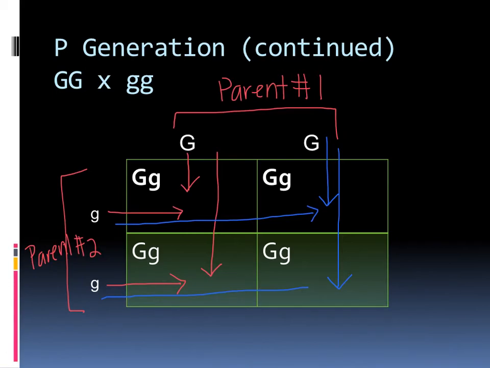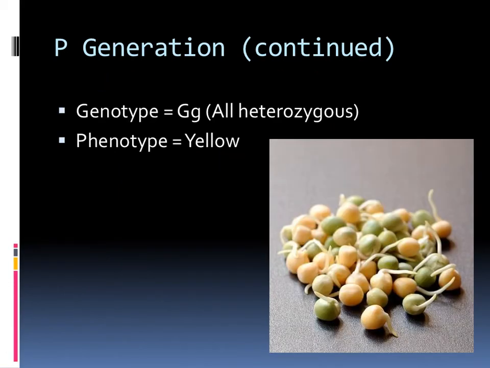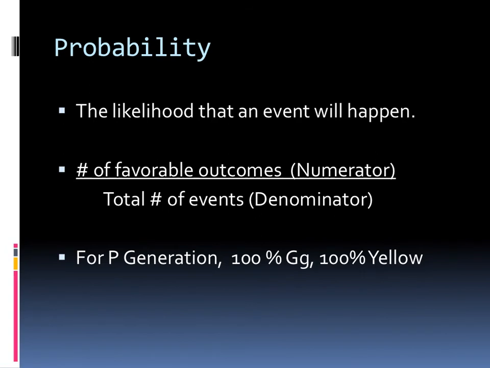Okay, moving on. So, the P generation, when you're reporting back probabilities, you'll notice that inside all 4 boxes, all the genotypes are the same. Big G, little g, they're all heterozygous, and their phenotypes are 100% yellow. So, probability is the likelihood that an event will happen. It's always either represented in a fraction form or a percent form.